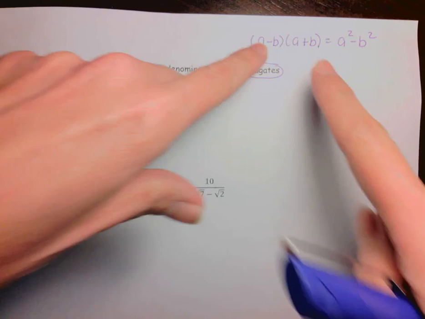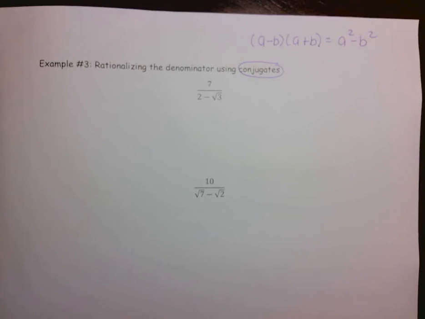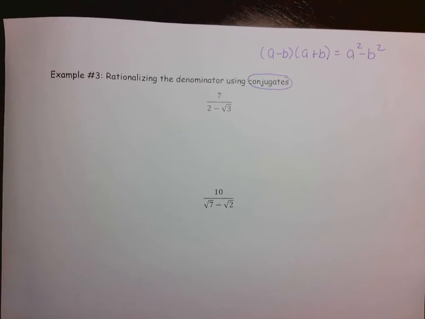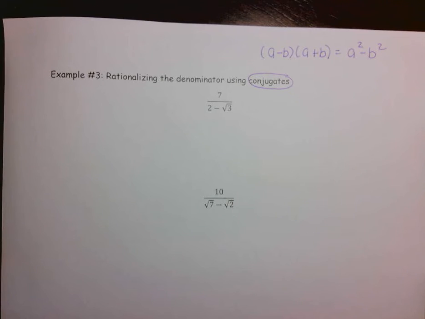They are the sum and the difference of the same 2 terms. Whenever you multiply conjugates together, you get the difference of 2 squares. So a minus b times a plus b is always a squared minus b squared. Now we talked about this in a previous chapter and we talked about why this works.